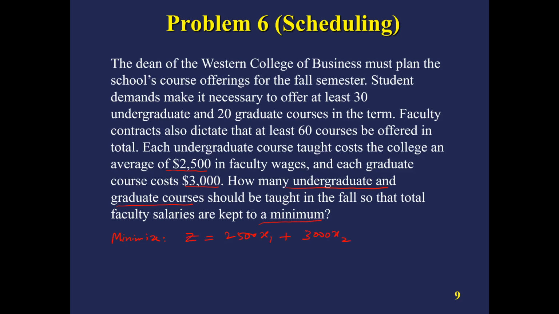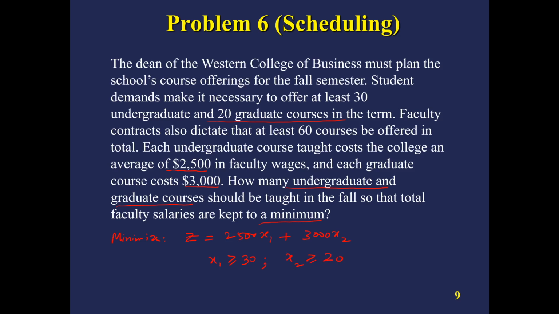Then student demand makes it necessary to offer at least 30 undergraduate courses. At least means x1 greater or equal to 30, and at least 20 graduate courses, so x2 should be greater or equal to 20.